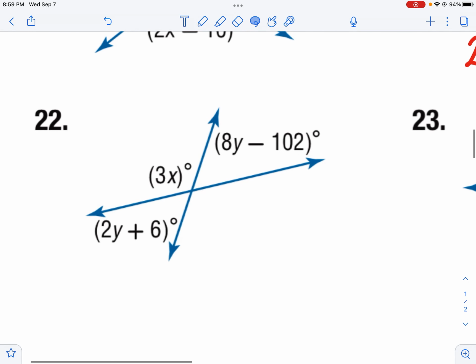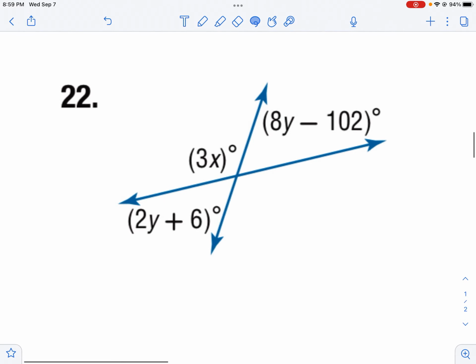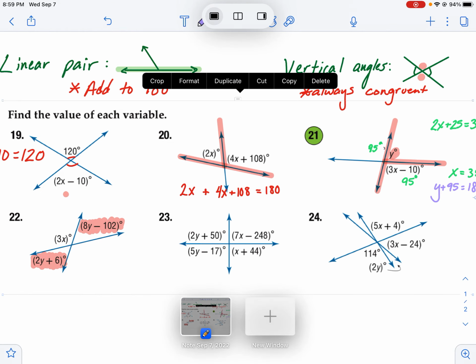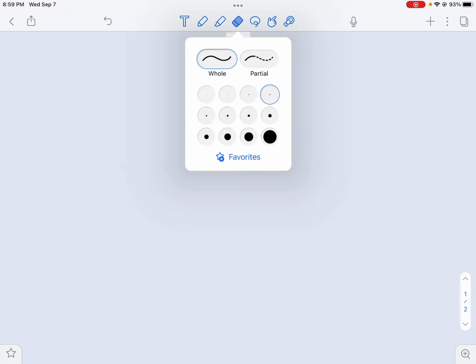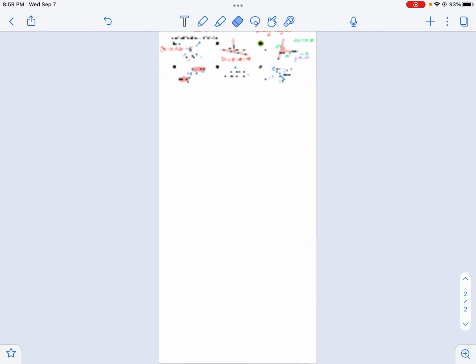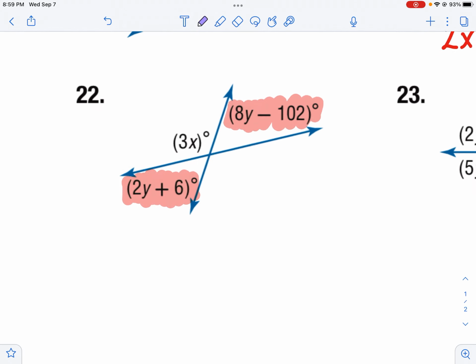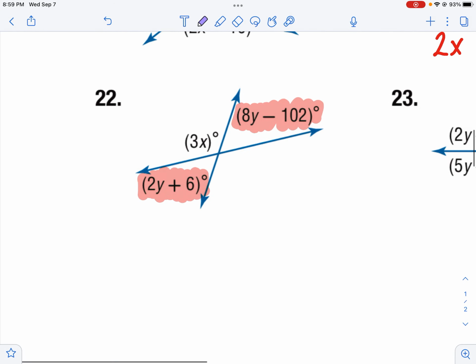All right, 22. Again, first thing I need to do is identify your like terms. Here are some like terms. Once I know what my like terms are, I need to classify those angle pairs. What angle pairs do I see? Well, I see two angles that are across from each other. Those are vertical.